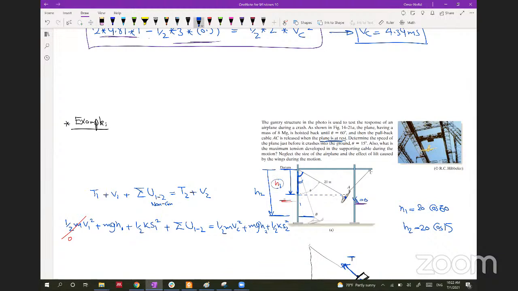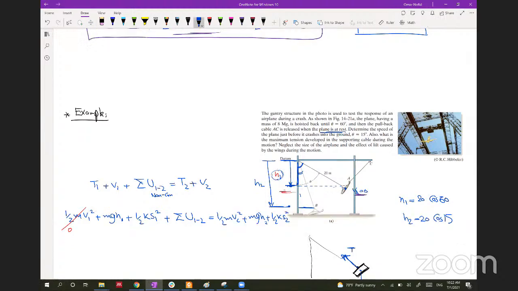Oh, I see. If your datum is here, maybe I confused you. If the datum is here, this one will be 0 and this one will be negative. But my datum is here, so the potential energy here is negative mgh1, and the potential energy here will be negative mgh2. So that makes sense.